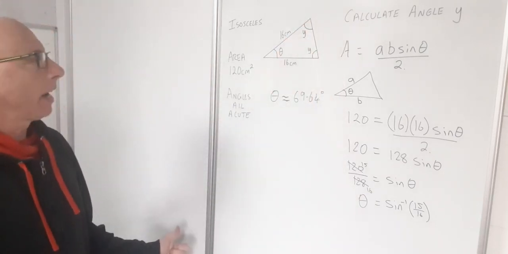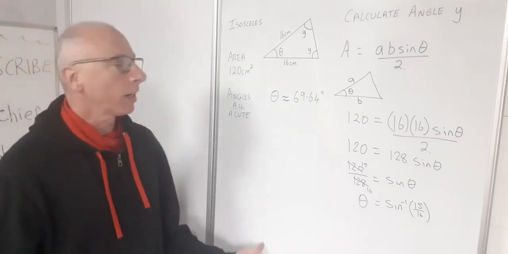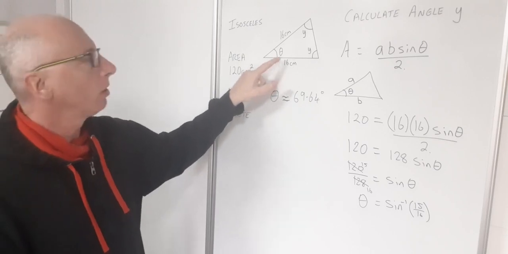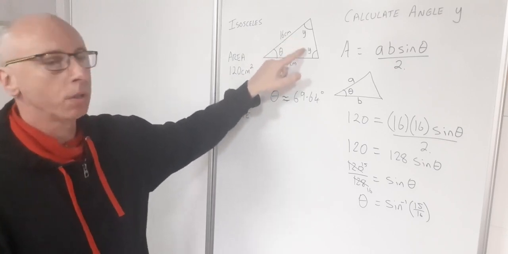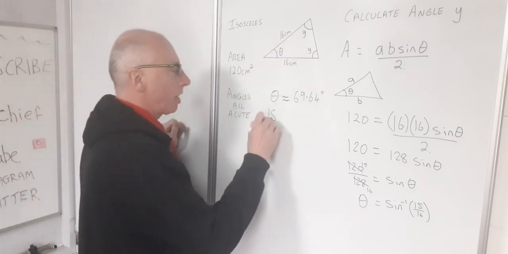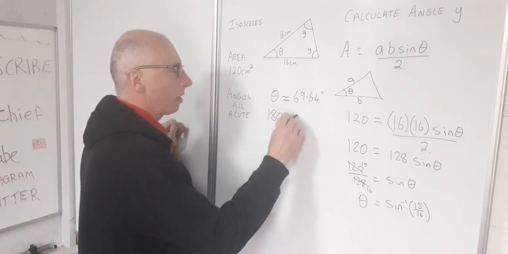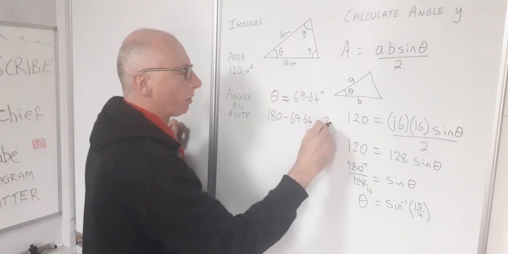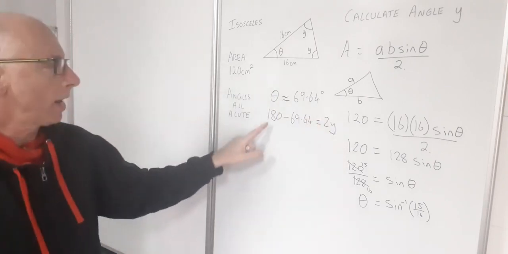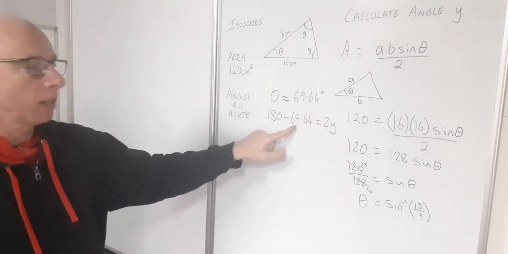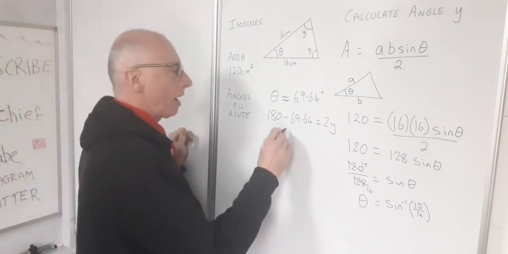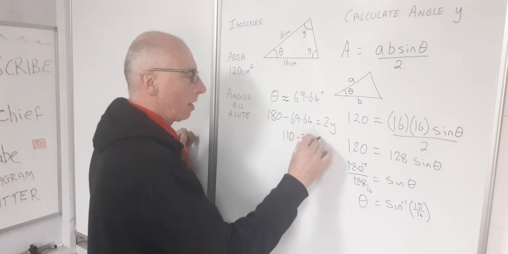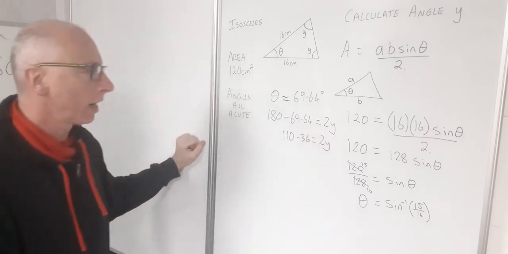Okay, now the sum of the angles in a triangle is 180. So 180 minus this angle will give us the total of these two angles. So 180 minus 69.64 will give us two y angles. So let's go with that. 180 minus 69.64, so now I will have 110.36 equals 2y.